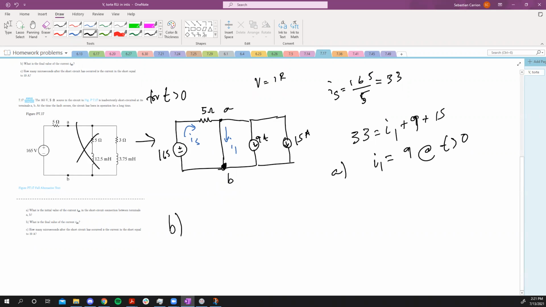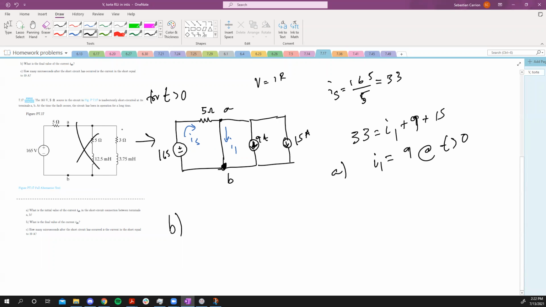We know there is going to be current inside these inductors, but over time this is just gonna turn into the resistors and an inductor.